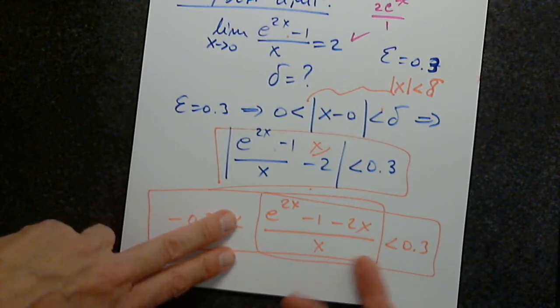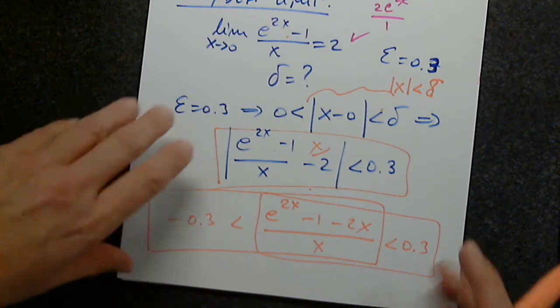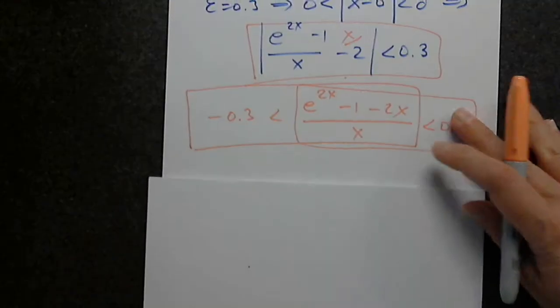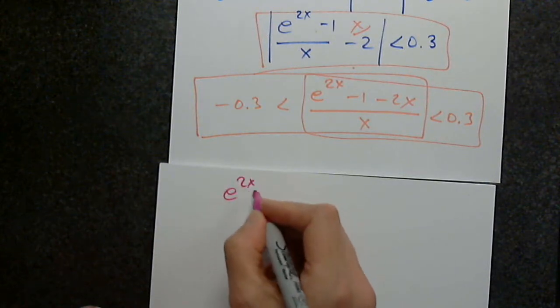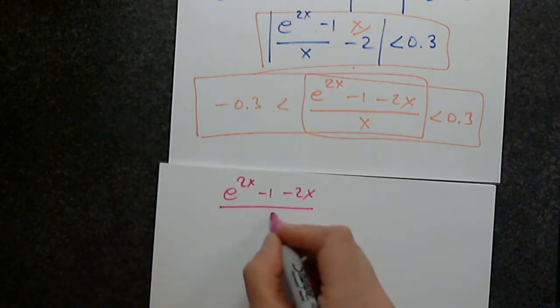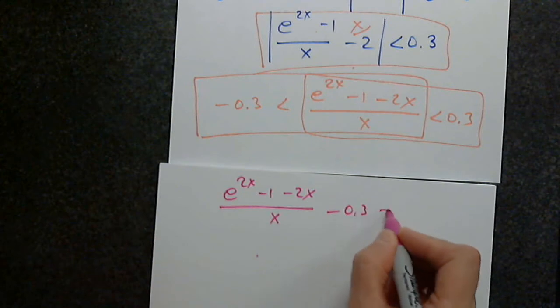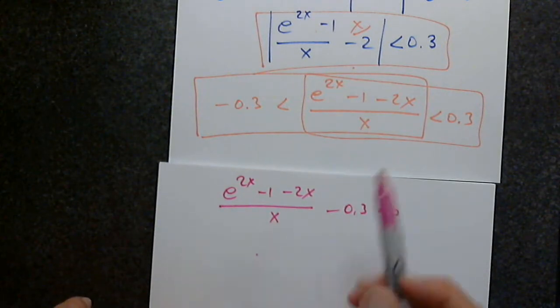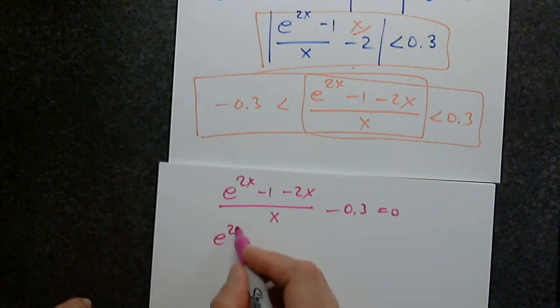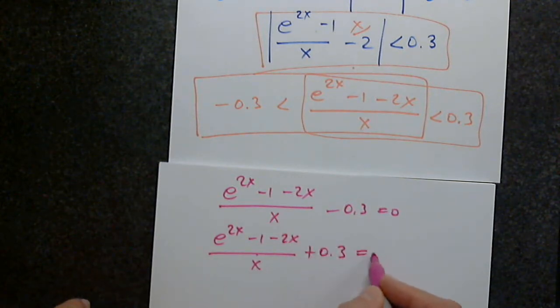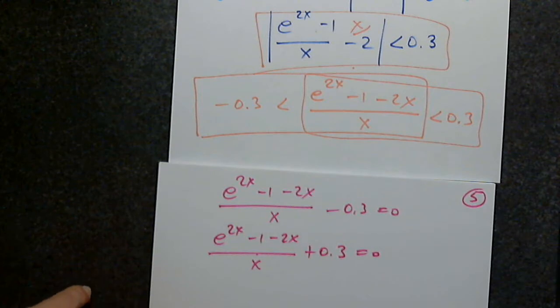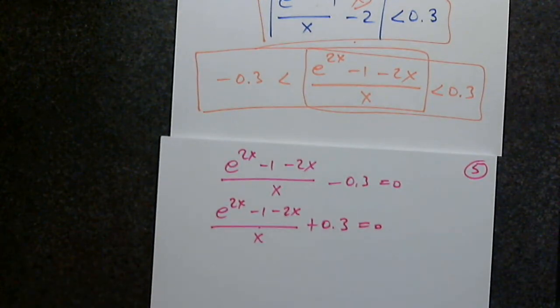In the graphing calculator, I will put e to 2x minus 1 minus 2x divided by x, minus 0.3 equals 0 to find the solution. And the same thing on the other side, e to 2x minus 1 minus 2x divided by x plus 0.3 equals 0. And I have to see what we get.